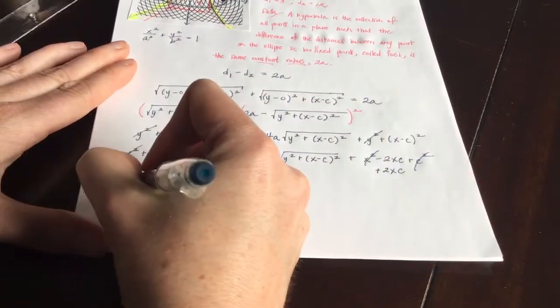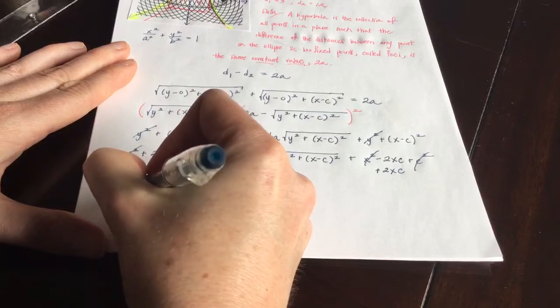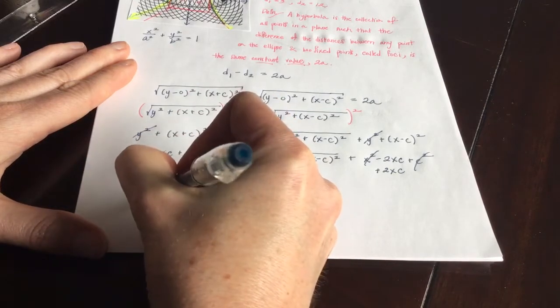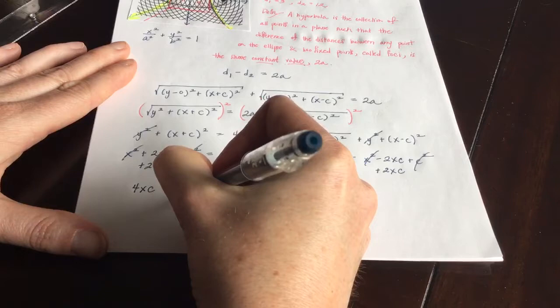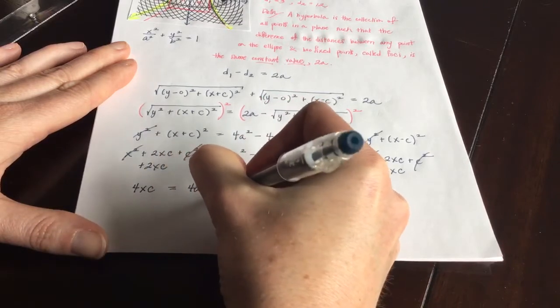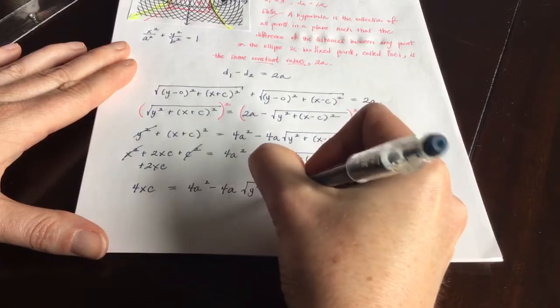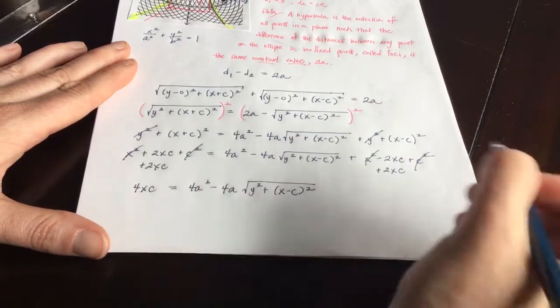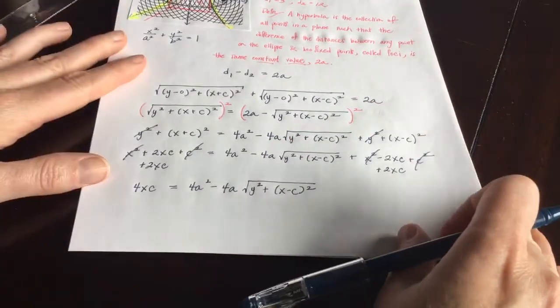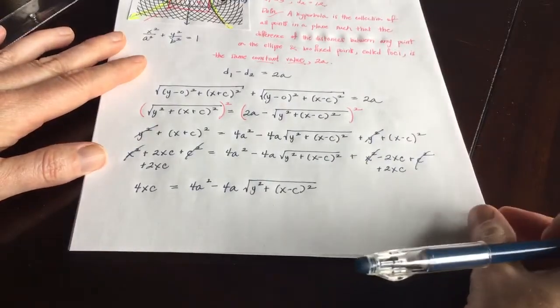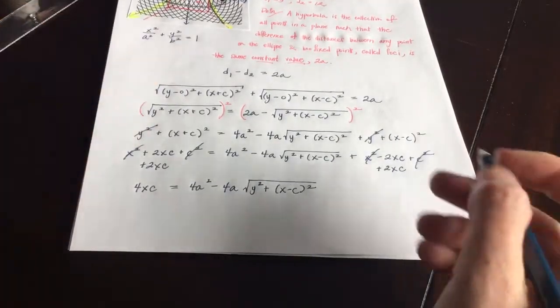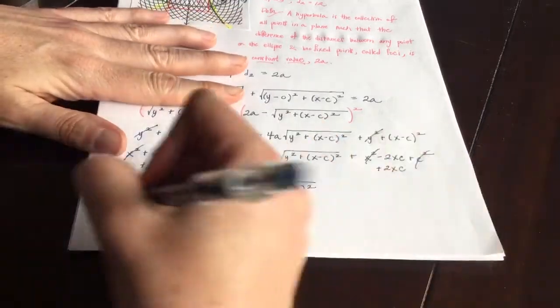Combine like terms. And what would we now have? On the left side, we'd have 4xc or 4cx. On the right side, we'd have 4a squared minus 4a times the square root of y squared plus the quantity x minus c squared. From there, I personally would divide both sides by 4 or multiply both sides by 1/4.